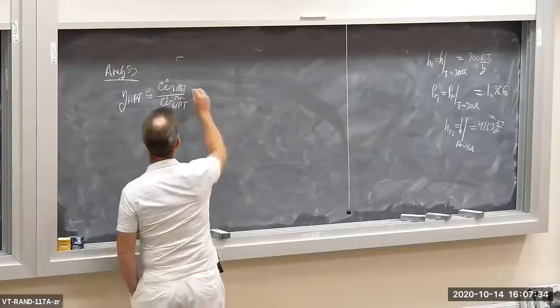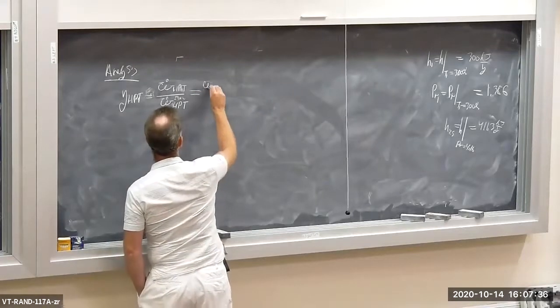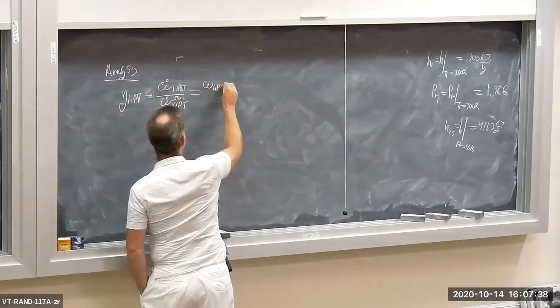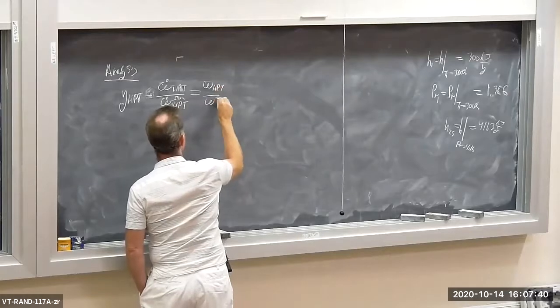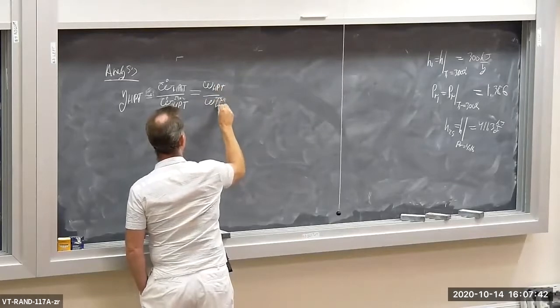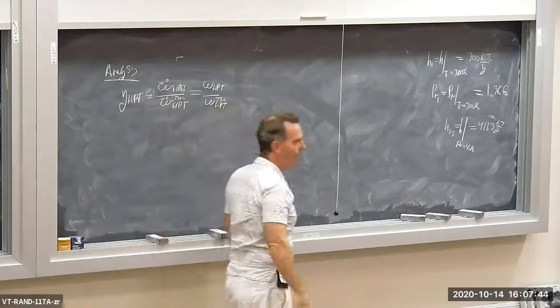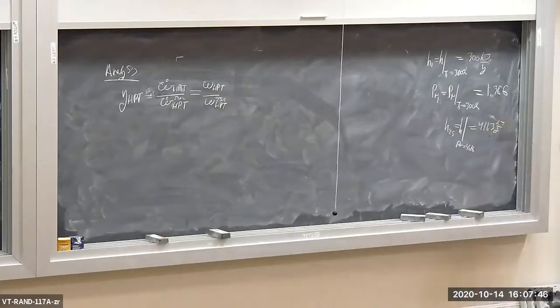Of course this is equal to WHPT over W isen HPT. Why can I do this? Because the mass flow rates through the isentropic and the actual turbine are the same. Okay?